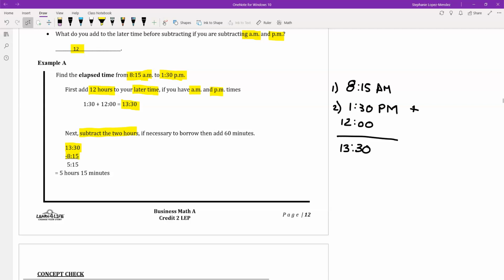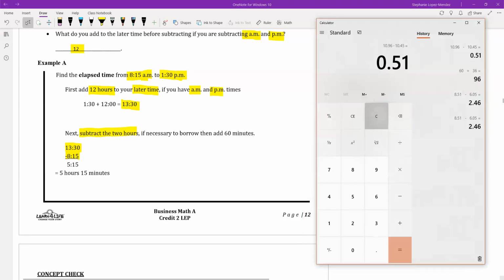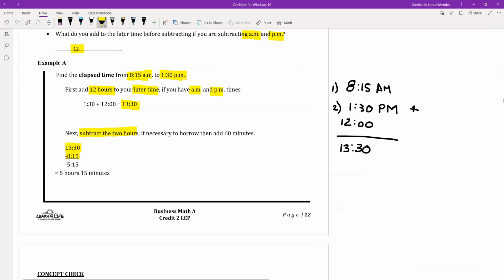So if I go to my calculator just to check that the answer is correct, I do 13.30 minus 8.15, right? That is my answer, 5.15. That could also be translated.